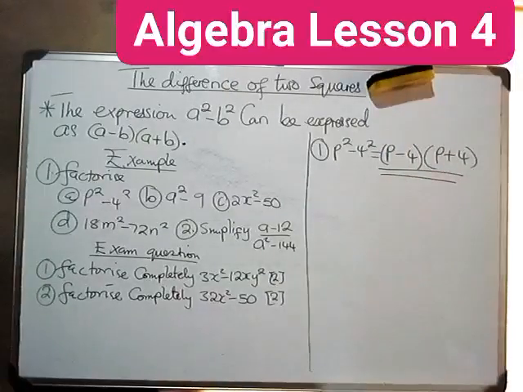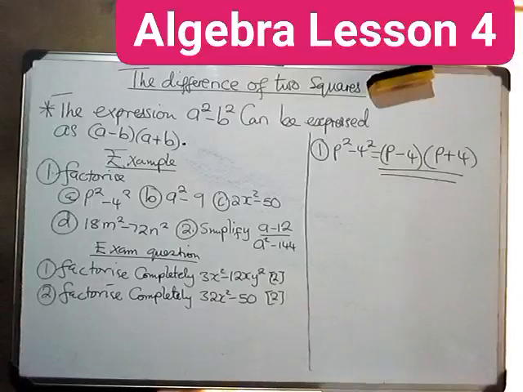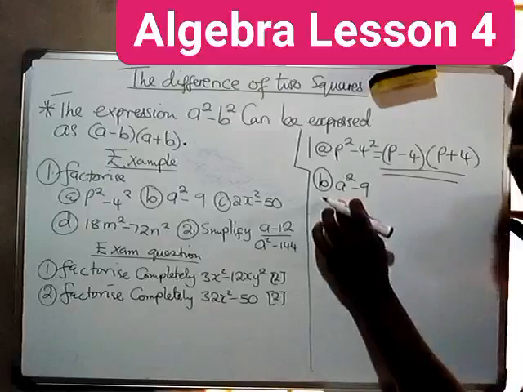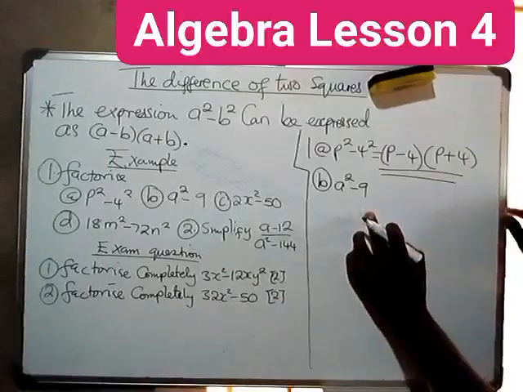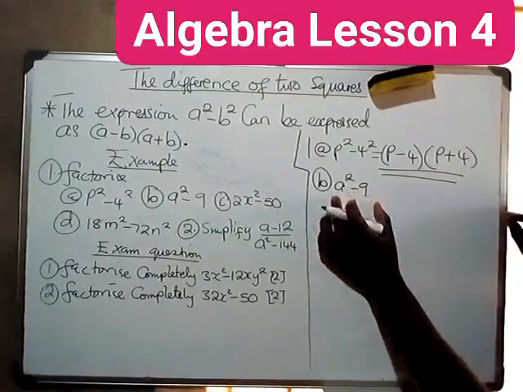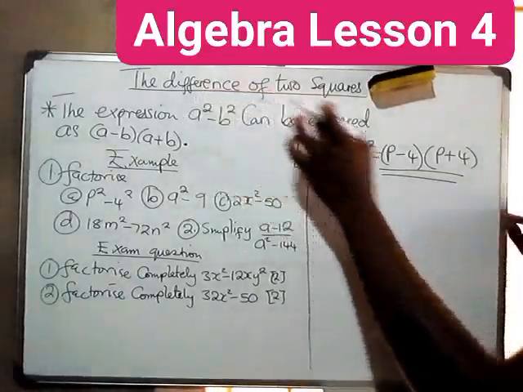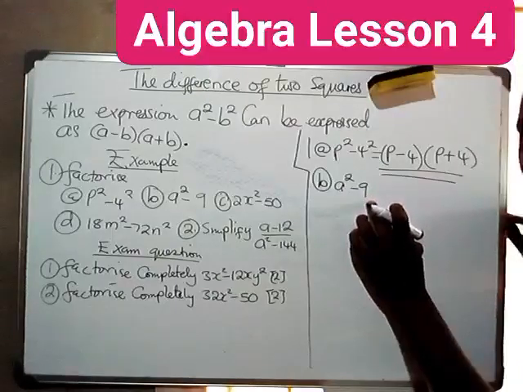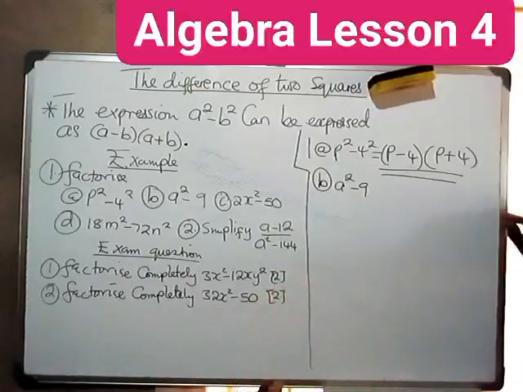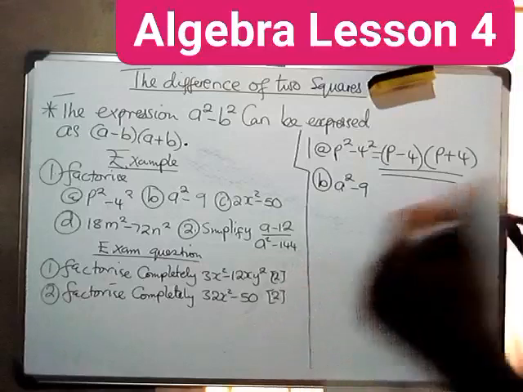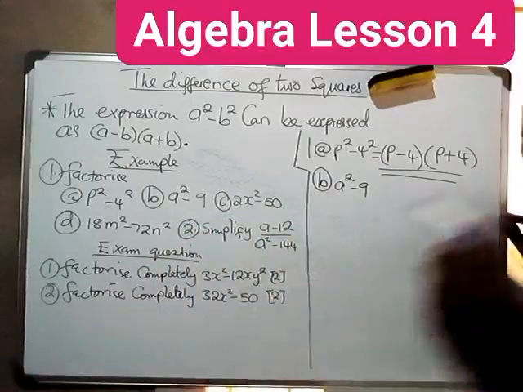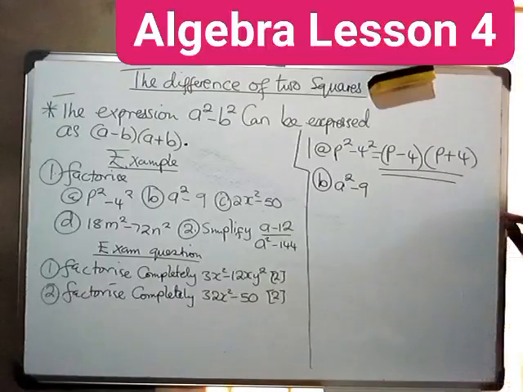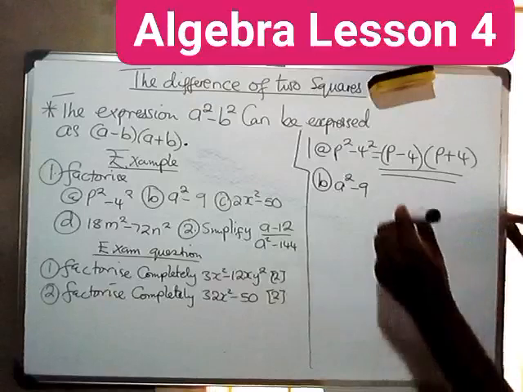Let's go to question number 1b. We have a squared minus 9, and 9 is not a square. So this does not qualify as the difference of two squares, unless we convert 9 to a square. How can we do that? We look for a number which, if you square it, gives you 9.